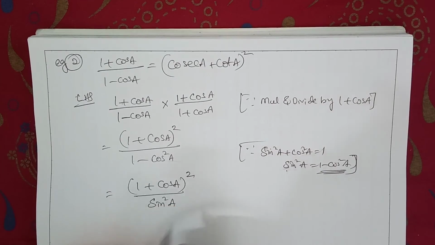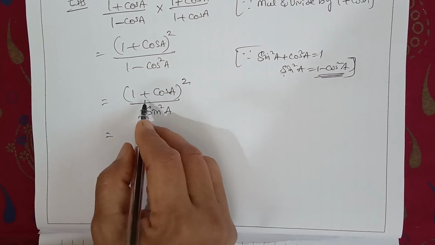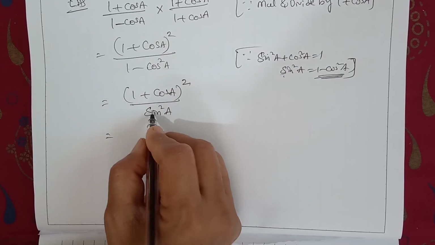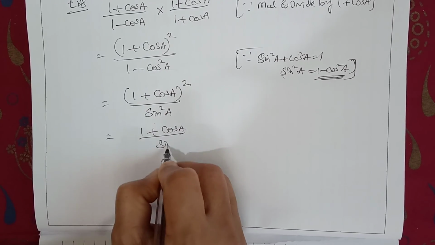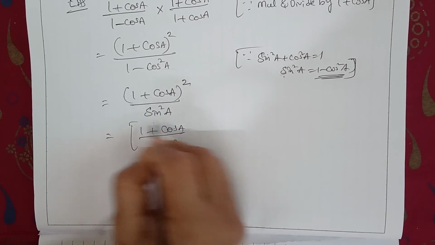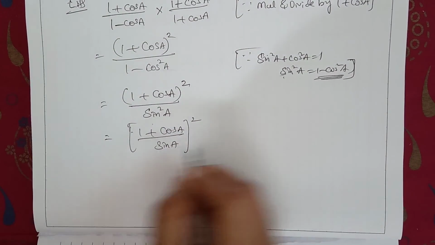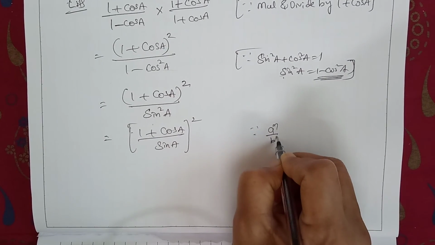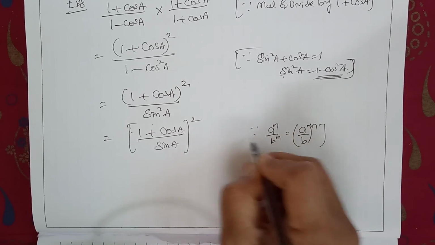Okay, children? Sin square A. Next, the whole square we will write: (1 plus cos A by sin A) whole bracket square. We know this: a to the power m by b to the power m is what? (a by b) whole to the power of m. Correct?